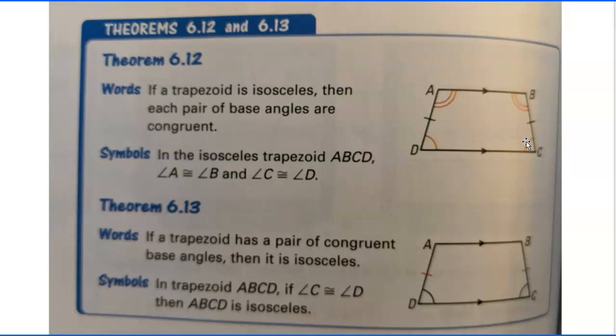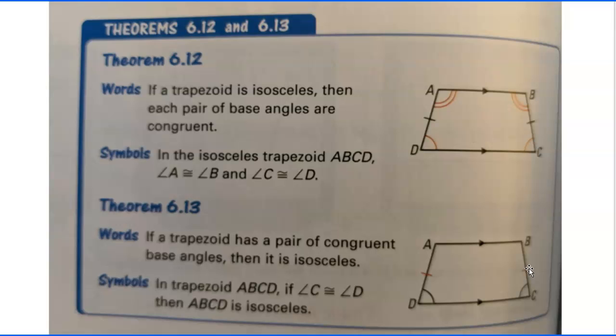Theorem 6.13, if a trapezoid has a pair of congruent base angles, then it is isosceles. So, if D and C, if we find out in given information that D and C are equal right here, then we know that these 2 are going to be equal and the trapezoid will be isosceles.